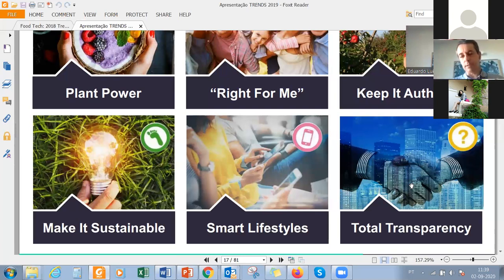So this issue of transparency is a quite relevant and challenging trend for the food industry.